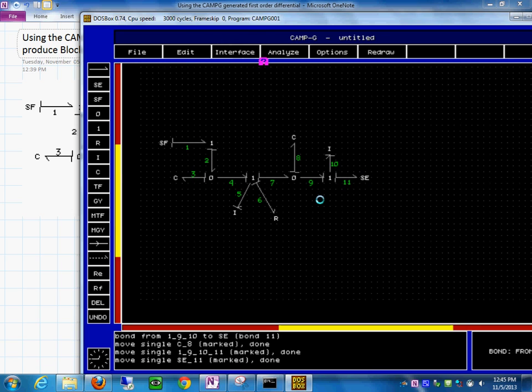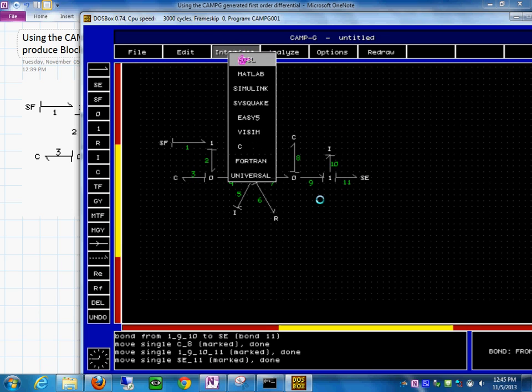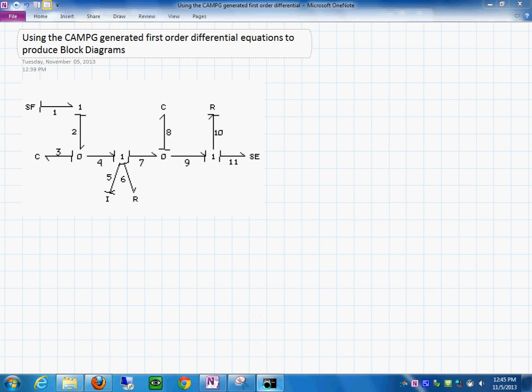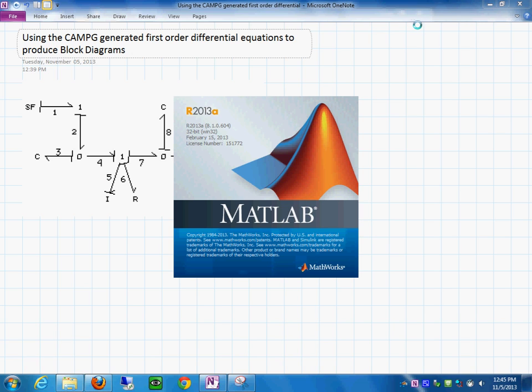Okay, so going here we say interface to MATLAB, and of course the program will come up with the interface to MATLAB that is working right now, and then we will do the bond graph.